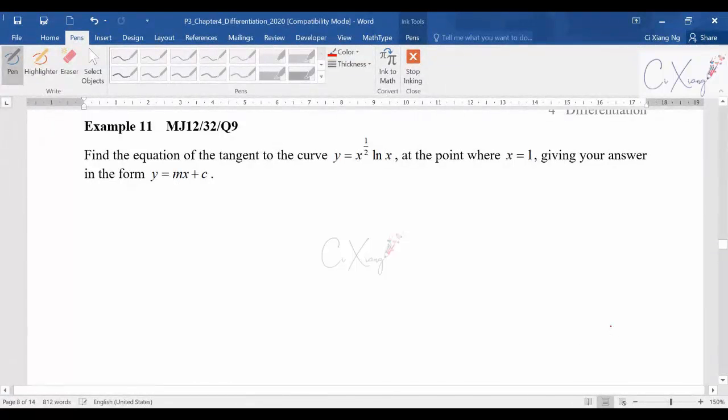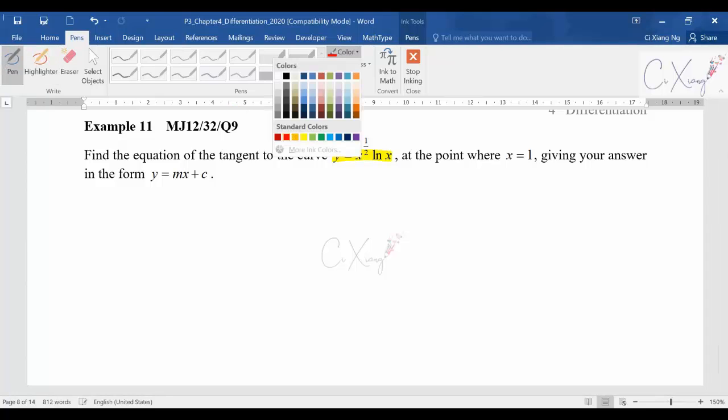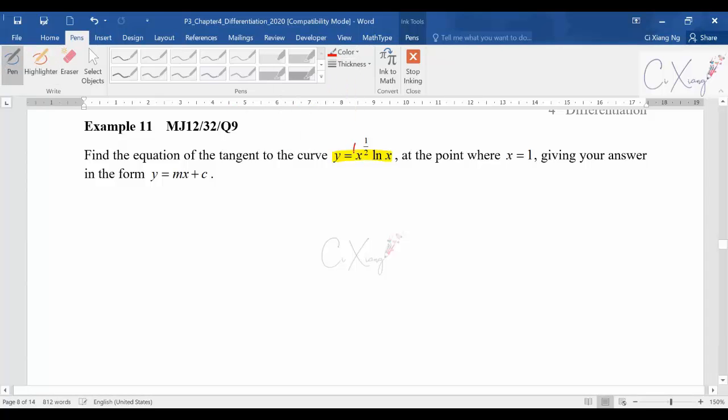Before the equation of tangent, generally what you can see is an equation that can be separated into two brackets. Your first bracket will be x power half or square root x. The second bracket will be ln x. So when you want to do the differentiation for this equation, you need to apply the product rule.